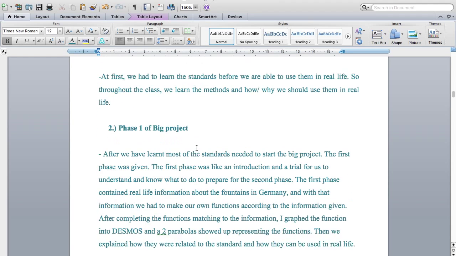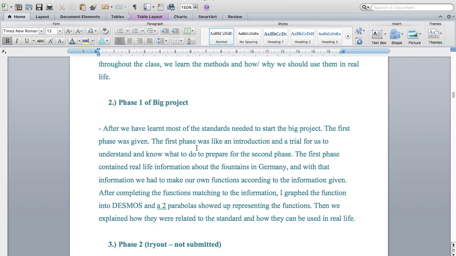So in phase 1, after we had learned most of the standards needed to start the big project, the phase was about the fountain in Germany, and it contained the information of the distance and the height of the fountain.